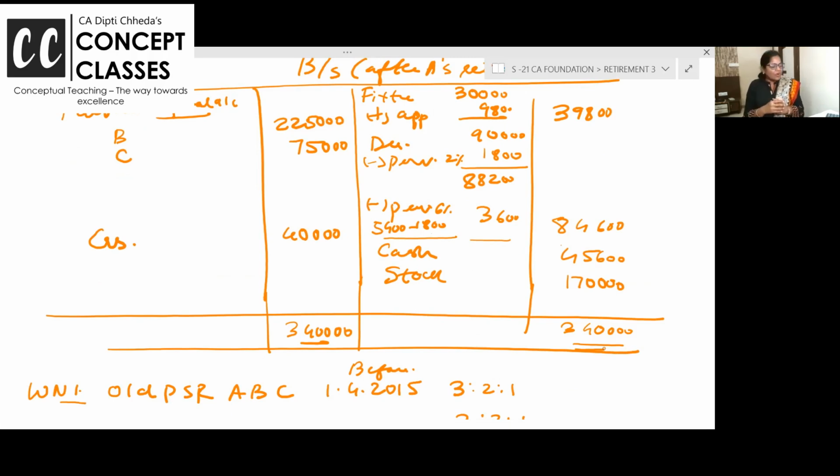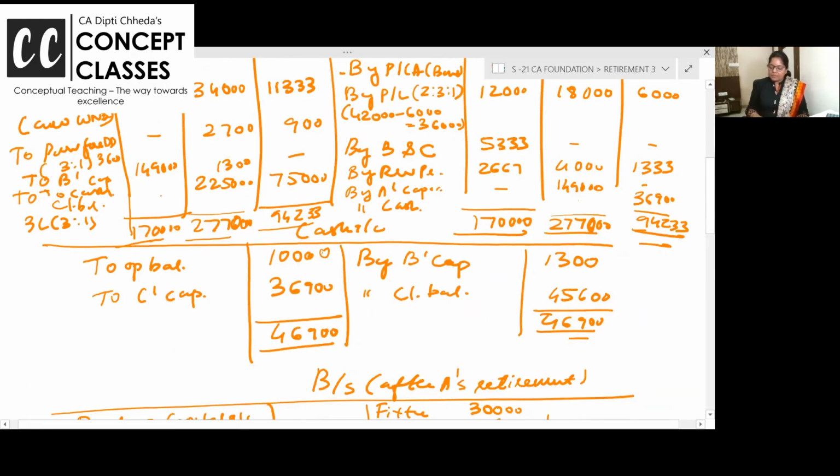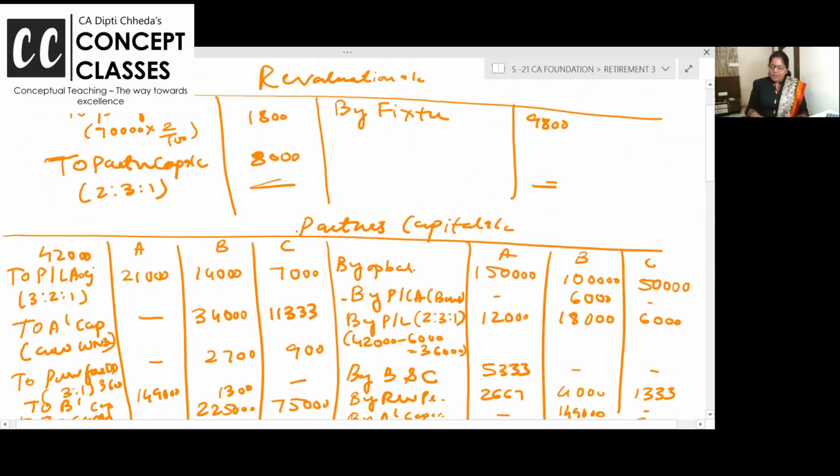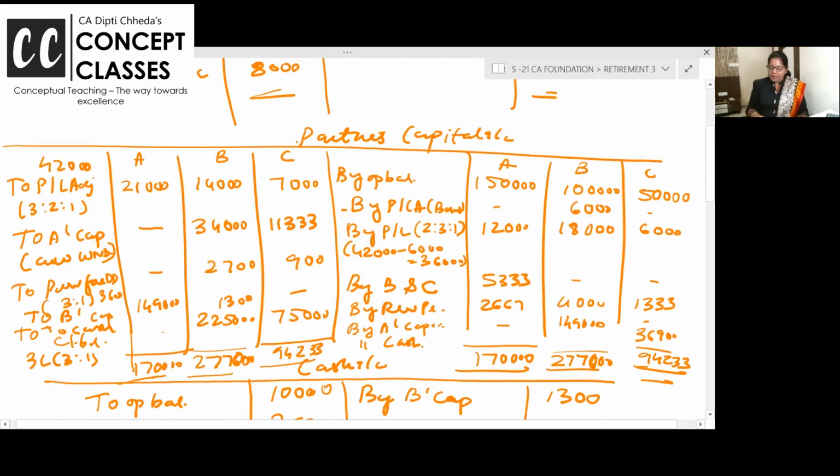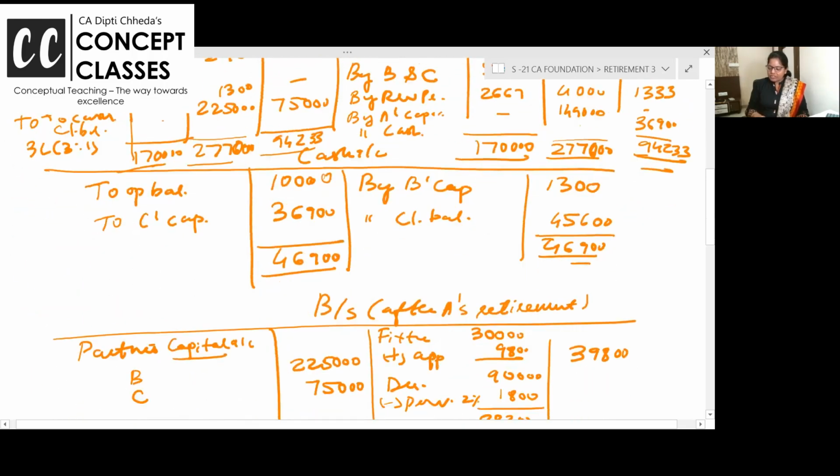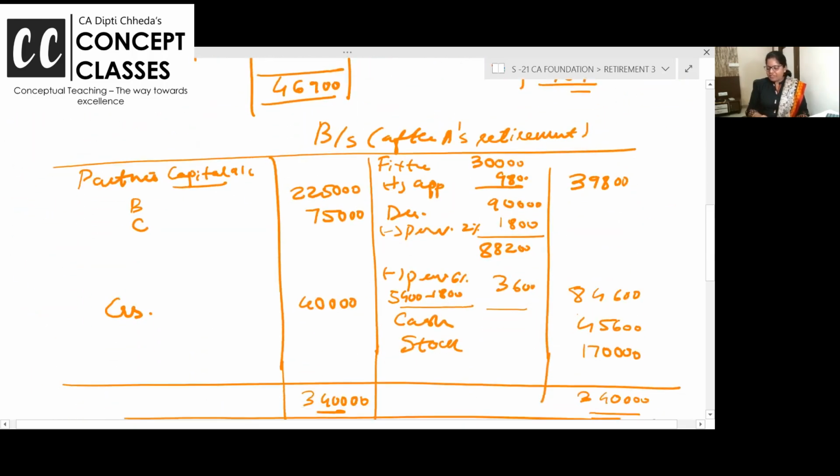Did you all get it or not? Okay, revaluation account, partners capital account, cash account and balance sheet.